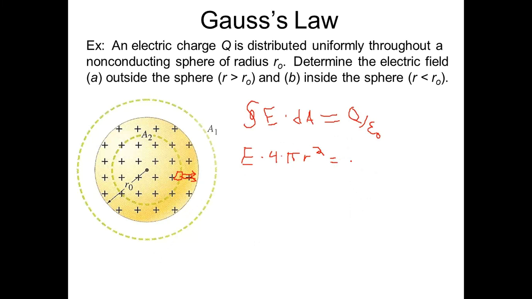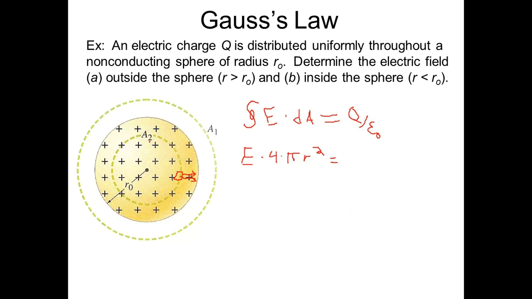Ideas, because I don't want to just tell you. I want some ideas. How will I figure out the charge enclosed? The total amount of charge is Q. Has something to do with the volume of the sphere, that's right. But how? It's a fraction. It's a certain fraction.